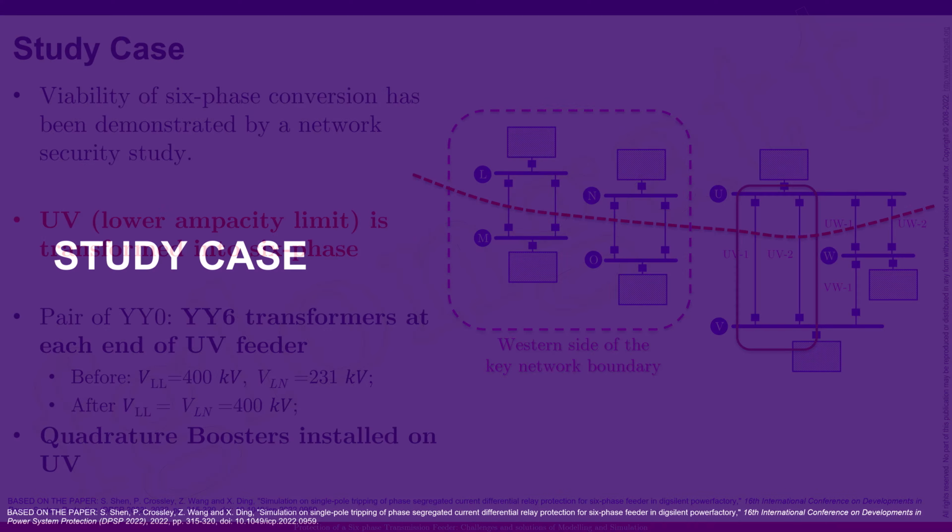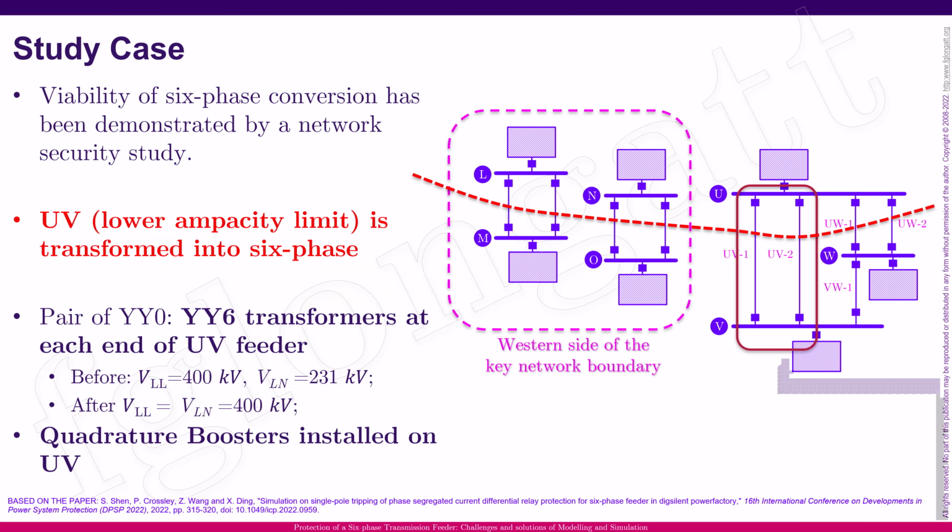Here I will start to talk about the study case. In this study case, what we are doing is presenting a condition that we simulate inside the software. And here what we are showing you is that we have a boundary in a system. You can see in this boundary over here, there are several transmission lines involved.